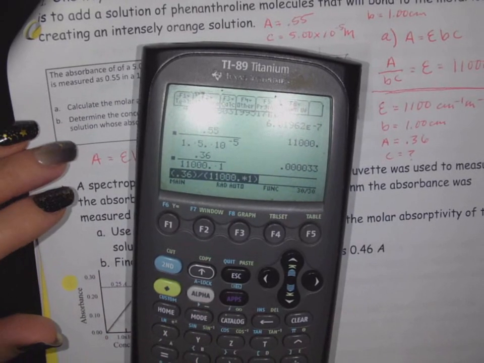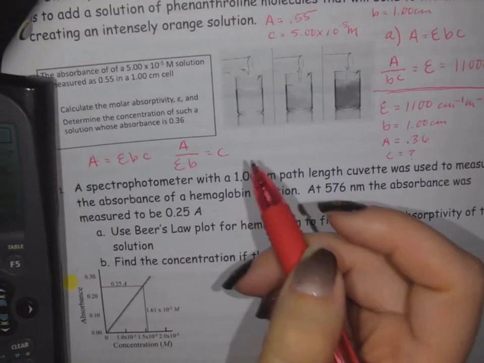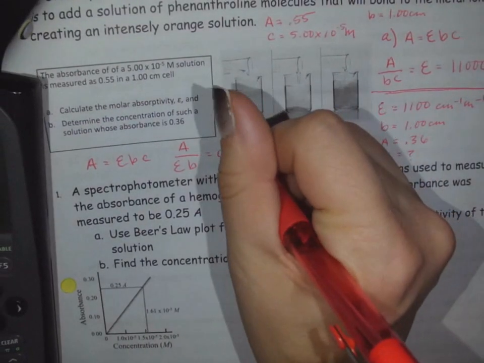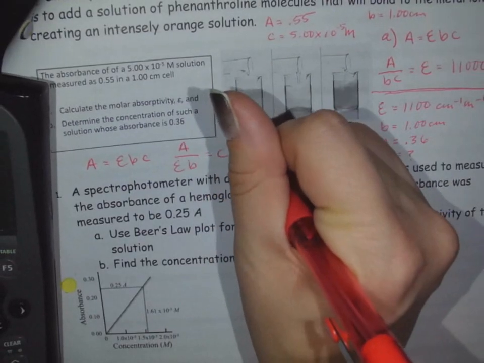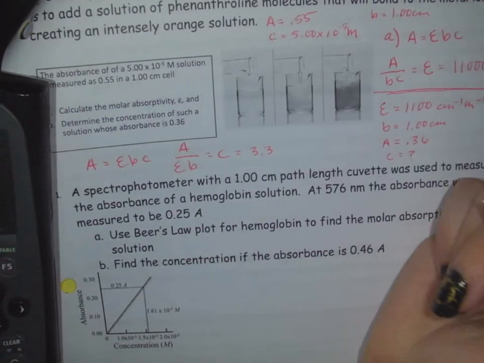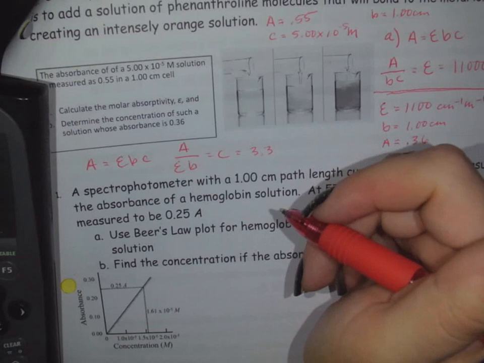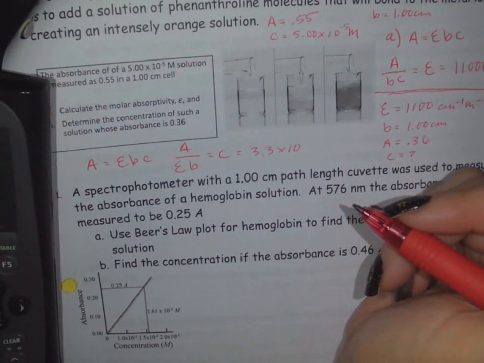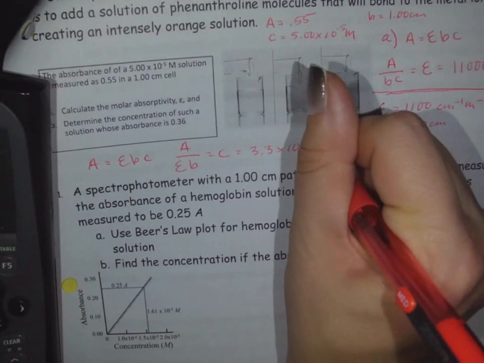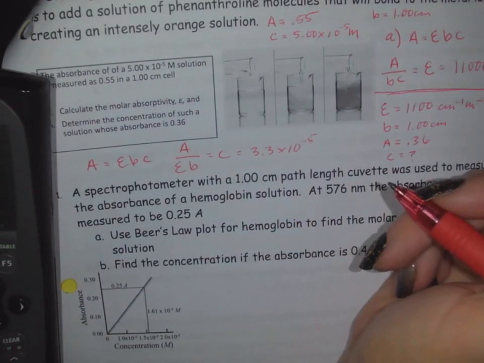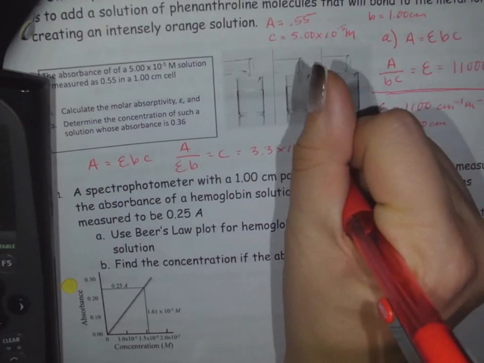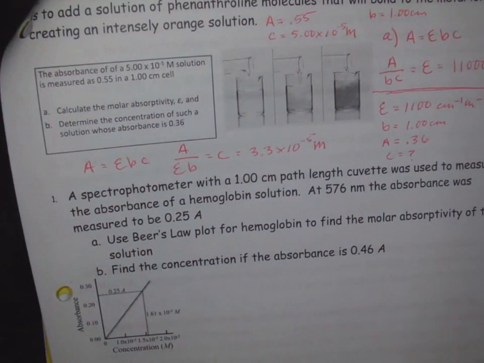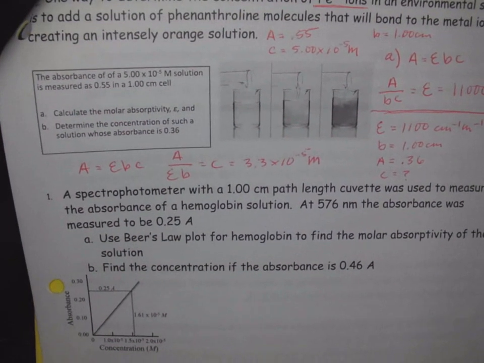Great. Now, this was 2 sig figs. This is 2 sig figs, so I'm going to go with 2 sig figs. 3.3, and I could add all those zeros in before, or I could change it to scientific notation, times 10 raised to the -5th again. Yep, molarity, concentration, molarity. Okay, great.